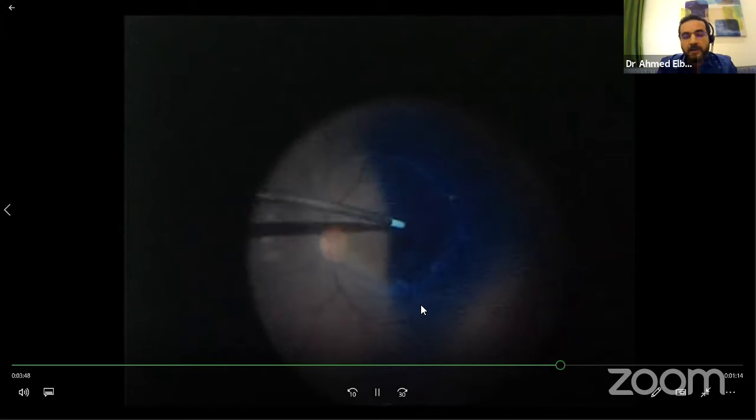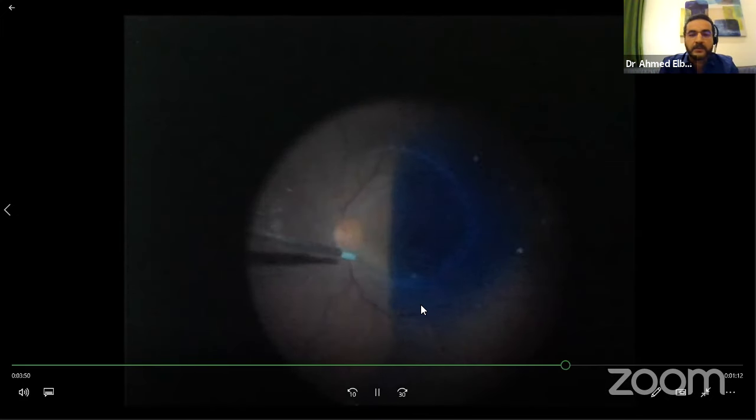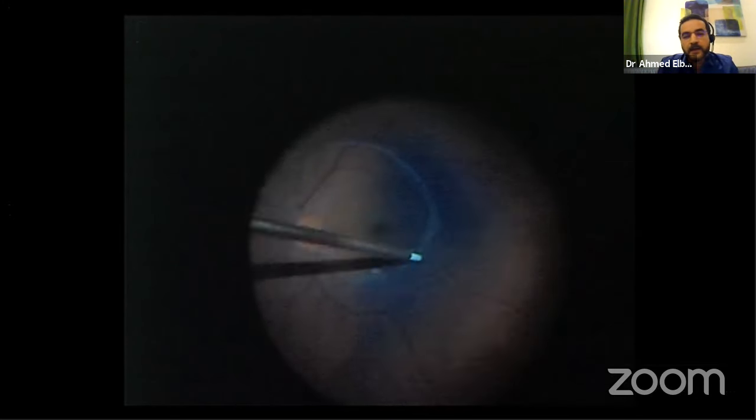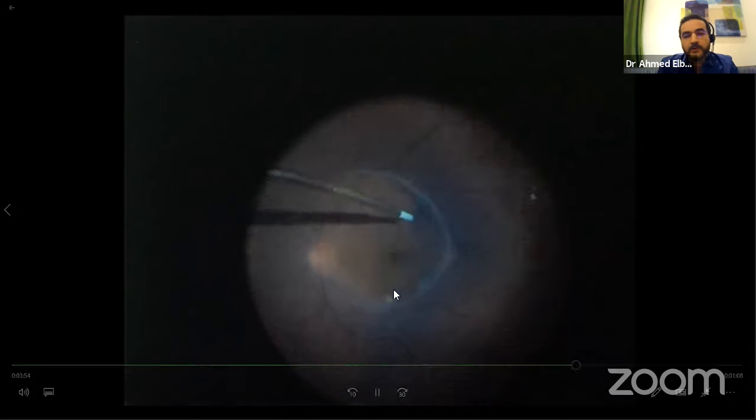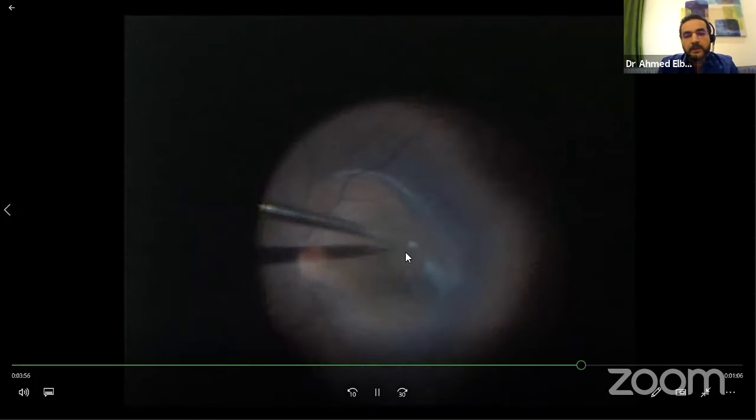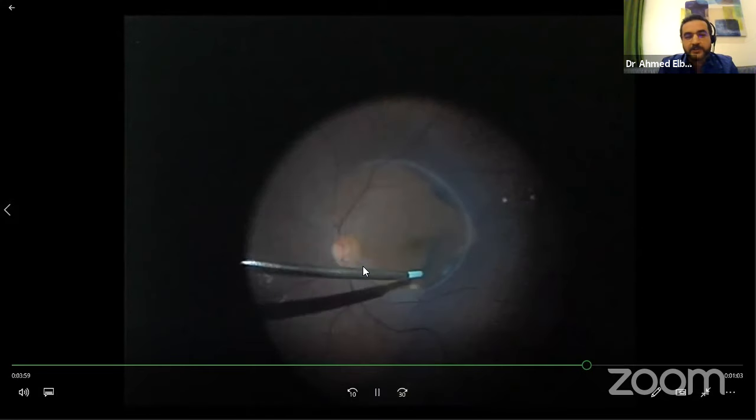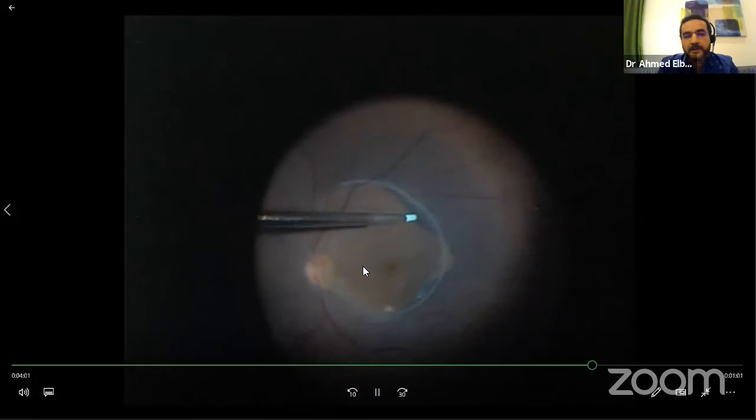I made a stain just to have a look at the remnant of how much I took from the internal limiting membrane using the vitrectomy probe. You will find that almost the whole internal limiting membrane was removed using the vitrectomy cutter during the aspiration and this maneuver.